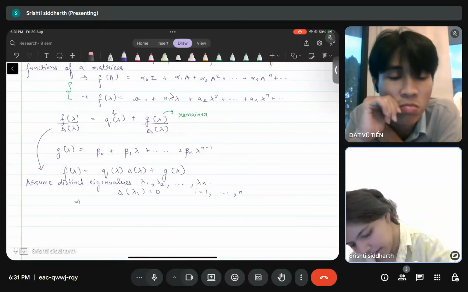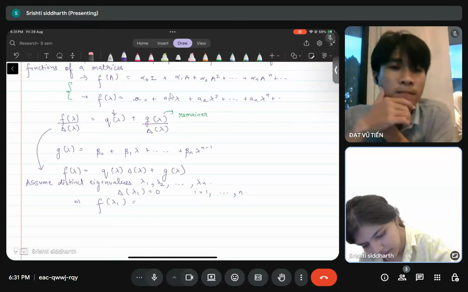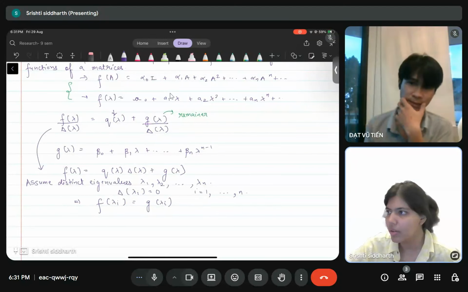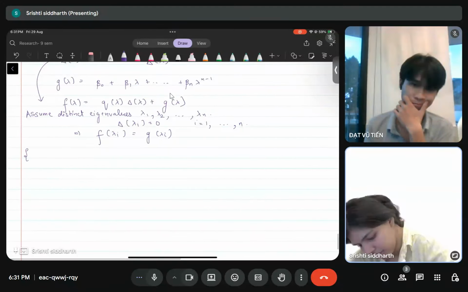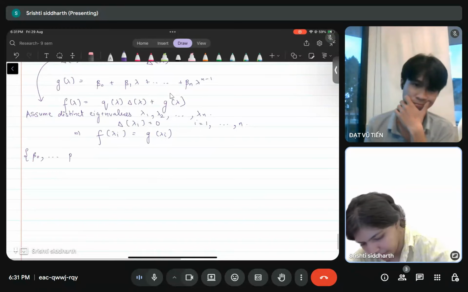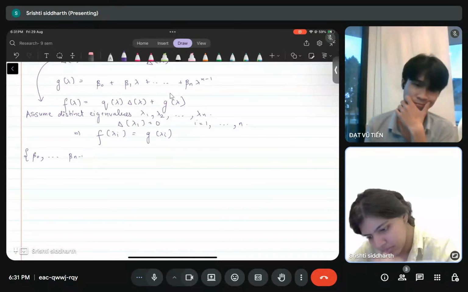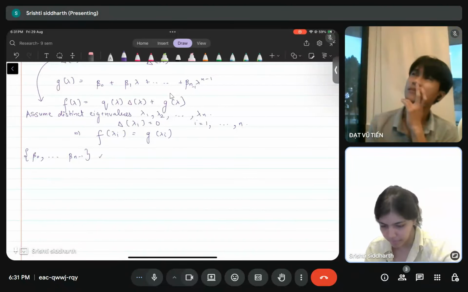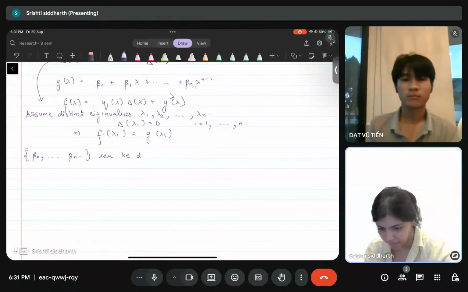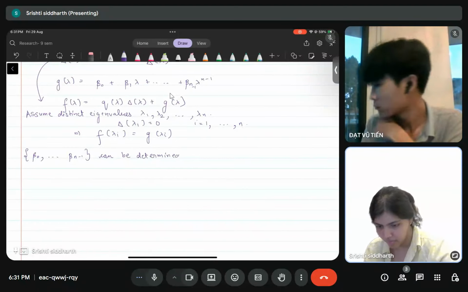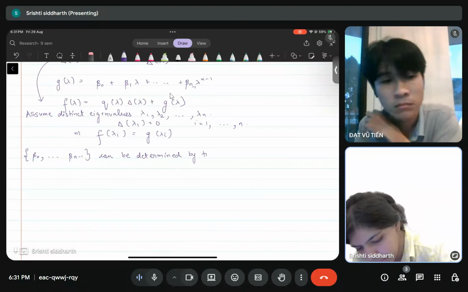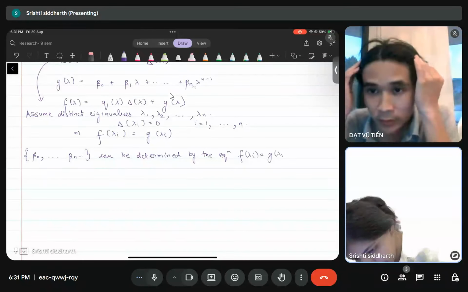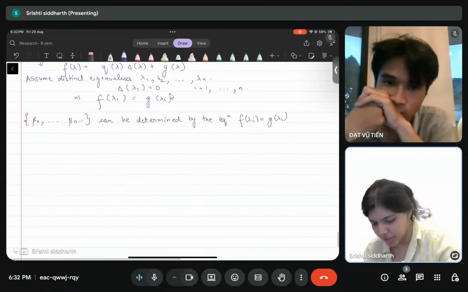So this means that f at any lambda i is simply G at lambda i. So the remainder terms, beta 0 till beta n minus 1, can be determined by the equation f at lambda i equals G at lambda i for each distinct eigenvalue.